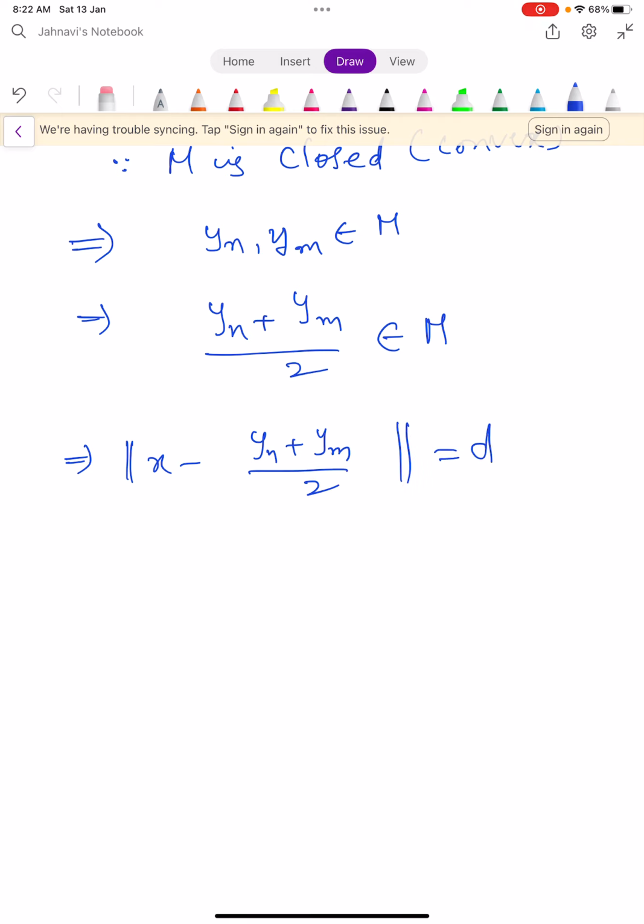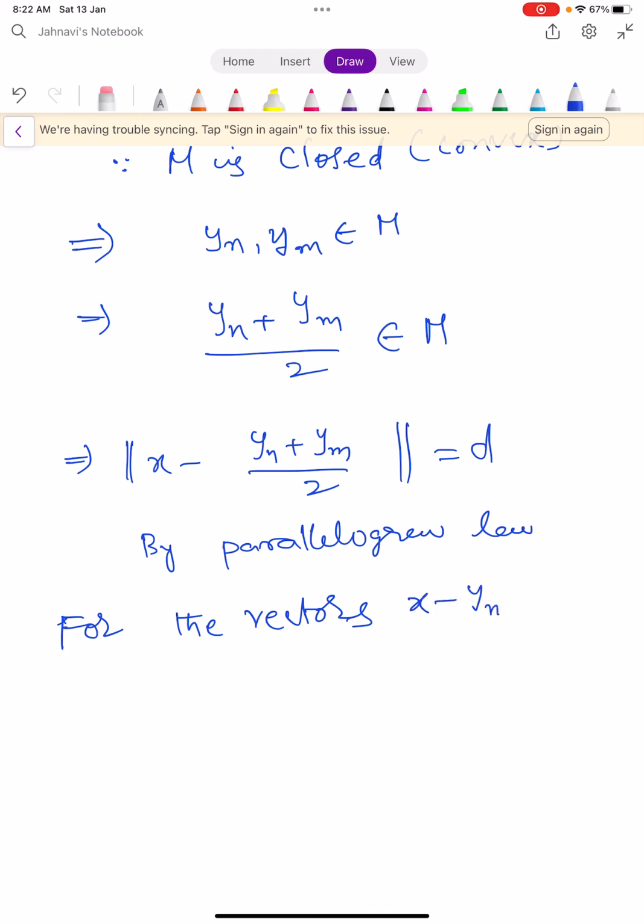Apply the parallelogram law. By the parallelogram law, apply the parallelogram law for the vectors x minus ym and x minus yn. Now let us apply this parallelogram law for the two elements x minus ym and x minus yn.